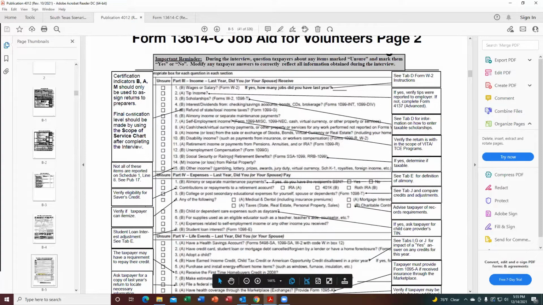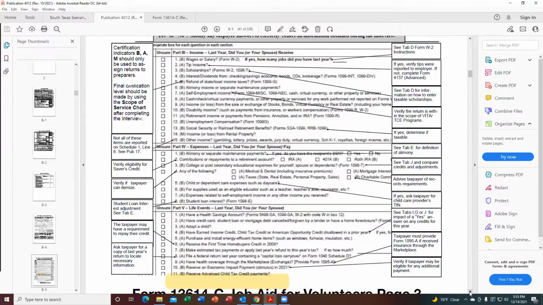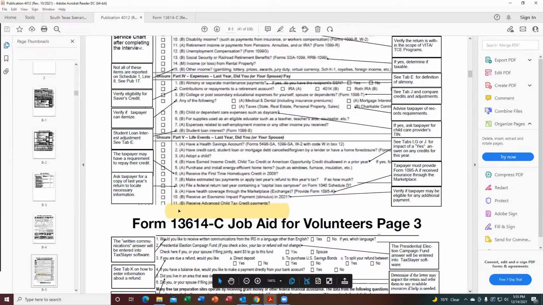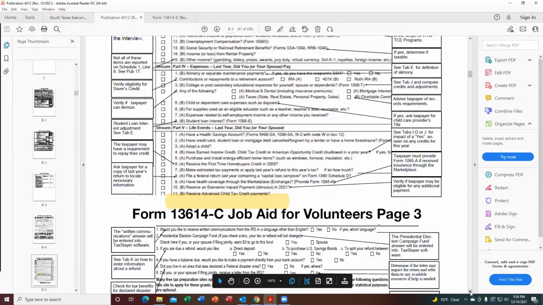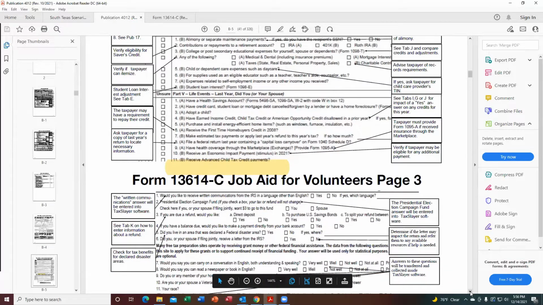And again, all the information here on the second part is extremely important for completing the tax return. I highlighted this section at the very bottom. We're going to be talking about this section at the bottom, which is received advanced child tax credit payments. And again, this will be on the form for the clients to populate.